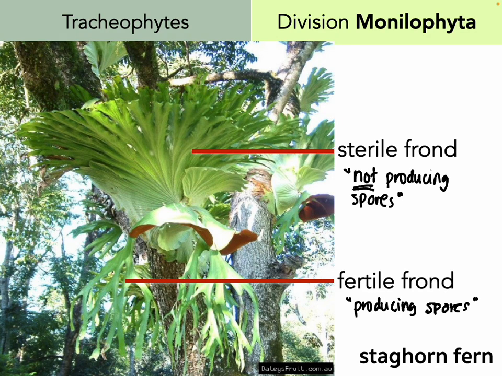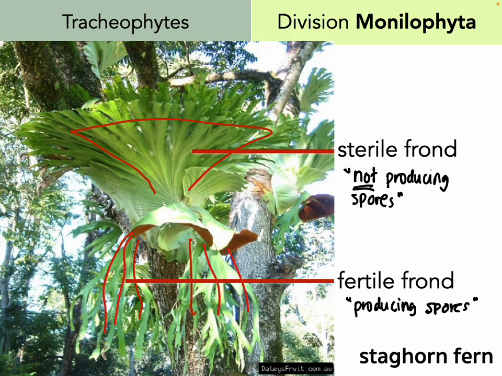So this is not producing, this is producing. And you can see that the one that produces spores looks kind of drooping and falling, whereas the one that does not produce spores, this is called staghorn fern, and look, it's huge. I think you can sell this for like 1,000 baht per plant easily. It's huge, it's ginormous, it's beautiful.